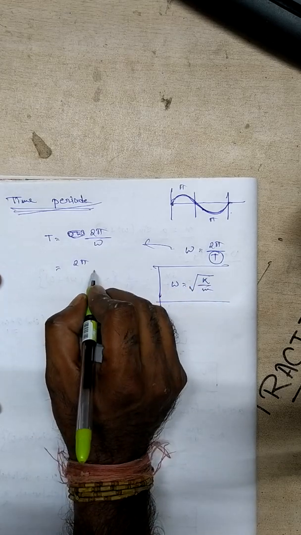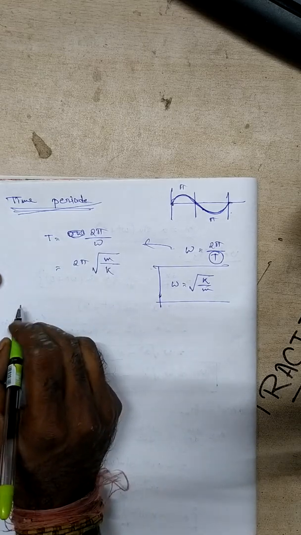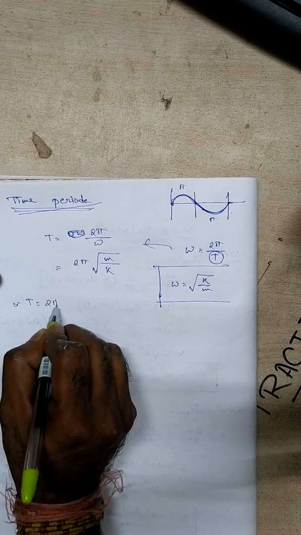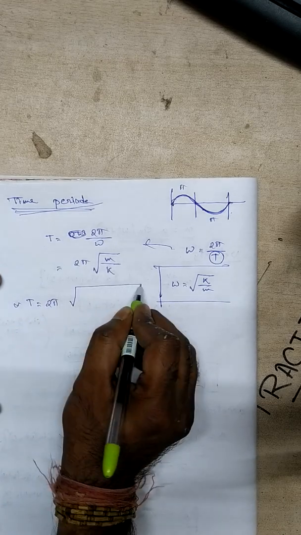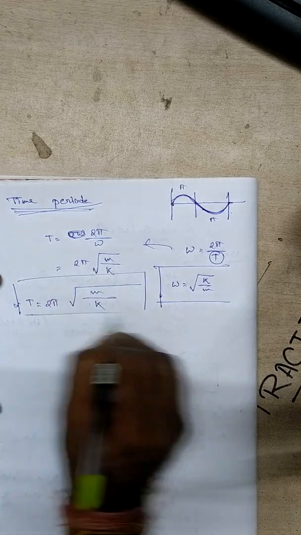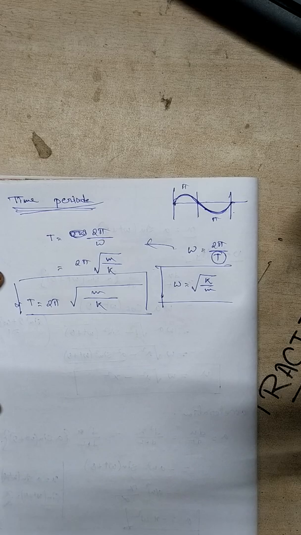Now we put it here: T is equal to 2 pi root under m by k. This is the time period of the corresponding simple harmonic oscillator. Clear?